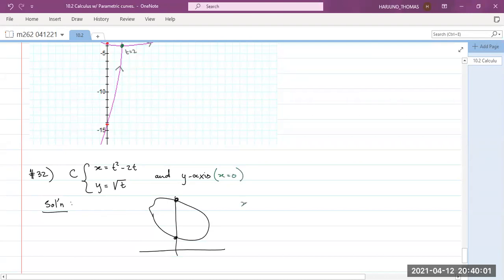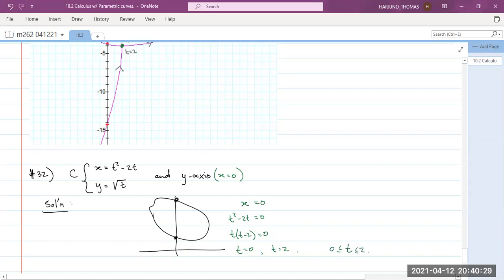So I will set x equals 0. So t equals 0 and t equals 2. Is it okay? So my t will be moving from 0 to 2. How about that?